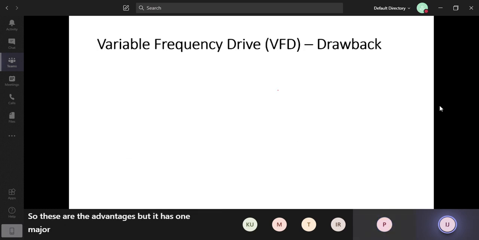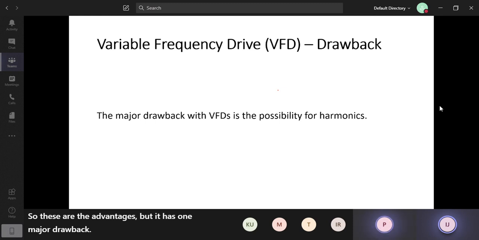So these are the advantages, but it has one major drawback. The major drawback with VFD is the possibility of harmonics. What are harmonics? Noises due to the high frequency of pulsating. Those harmonic noises come due to many reasons.